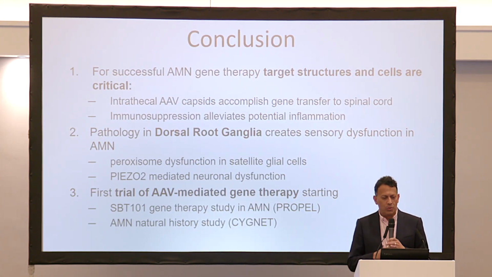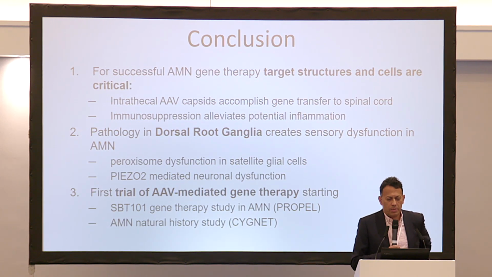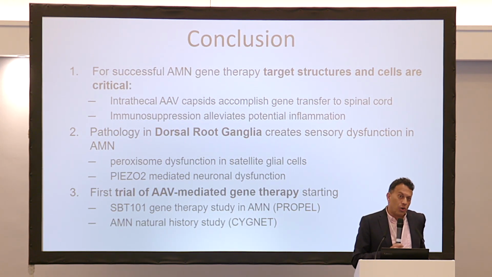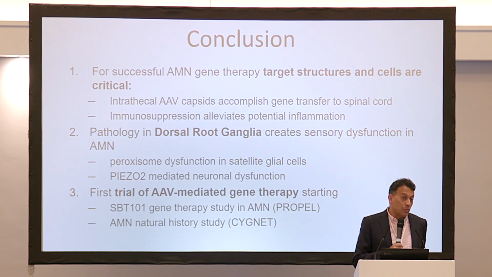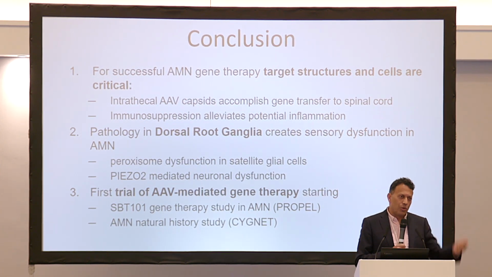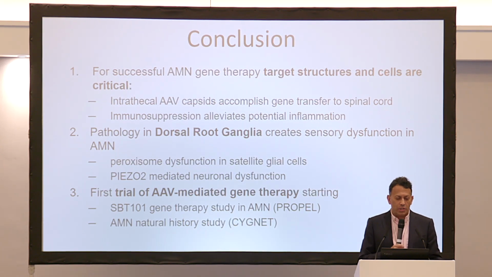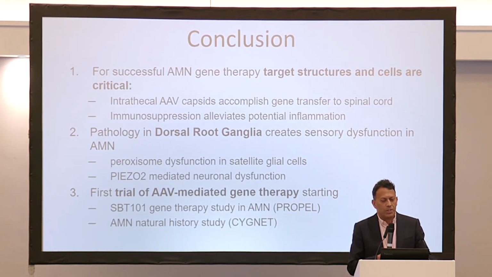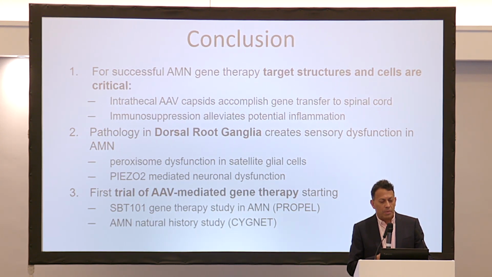So just to conclude, for successful AMN gene therapy, I hope I've shown you that targeting the right structures, getting into the right compartment, getting to those long tracts that are so troubling in AMN is critical, as is understanding what cell types need to be targeted, and that we luckily have AAV capsids that can accomplish that and can also be delivered into that intrathecal space.